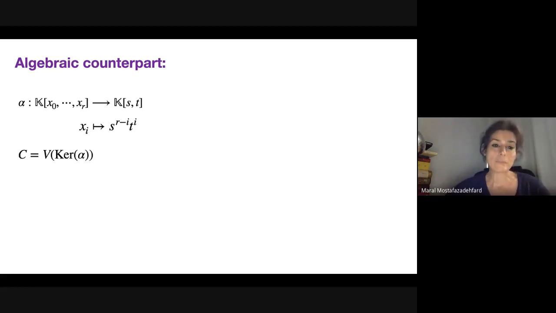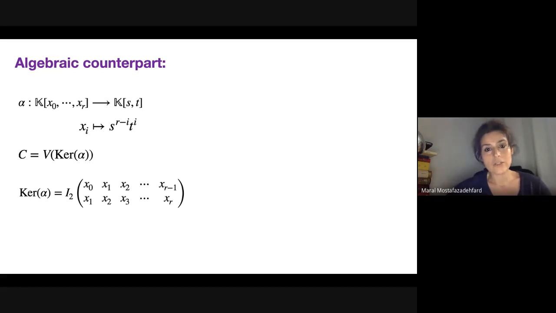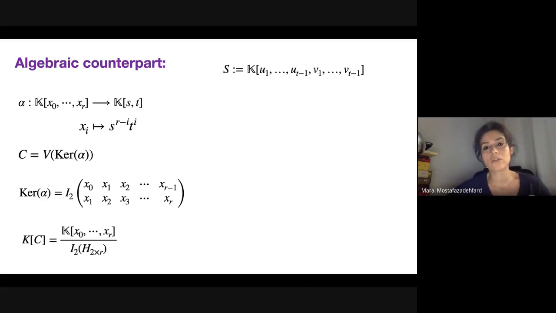So the rational normal curve has defining ideal coming from the kernel of this map, and you can think of it as the minors coming from the Hankel matrix of size 2 by r. When you talk about the coordinate ring, you can consider that this is a Hankel determinantal ring of this size.